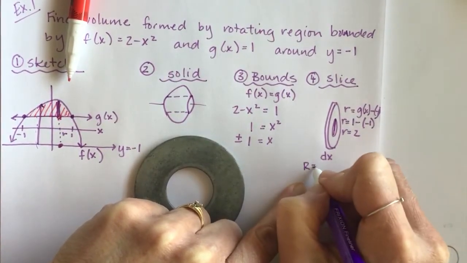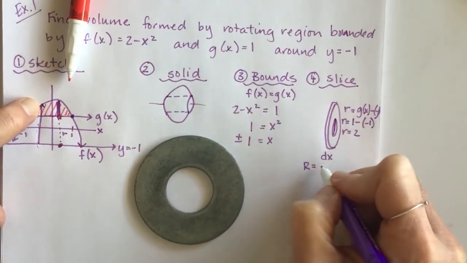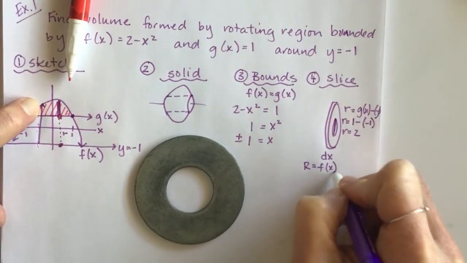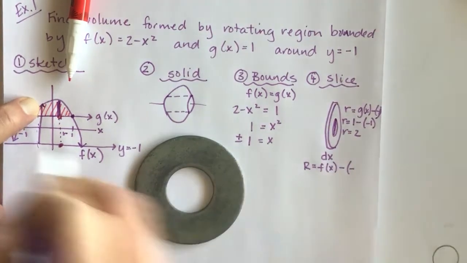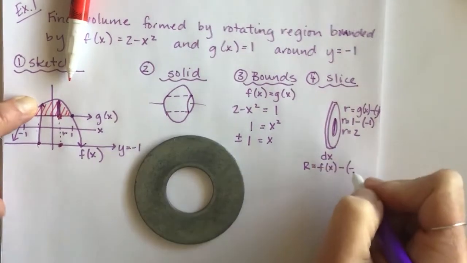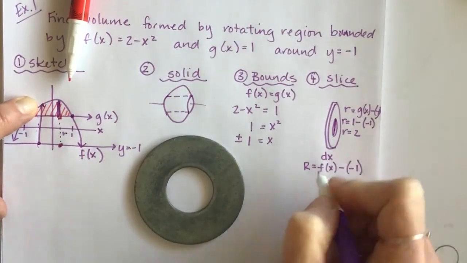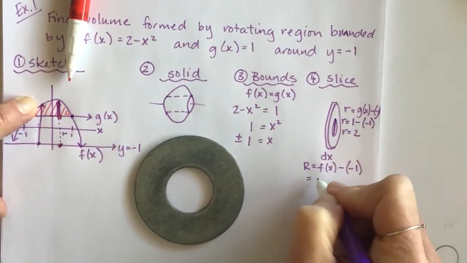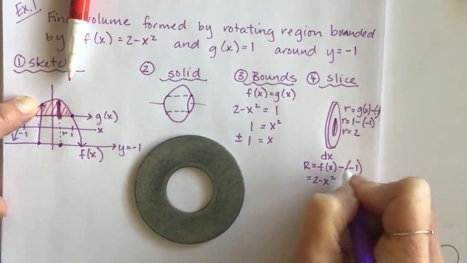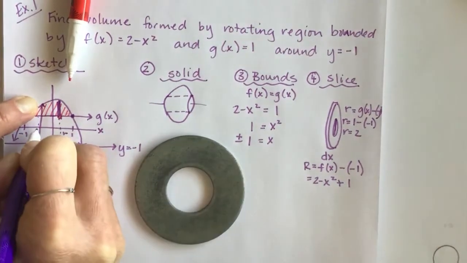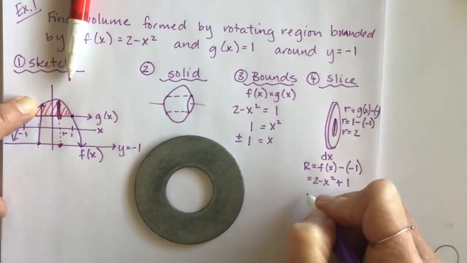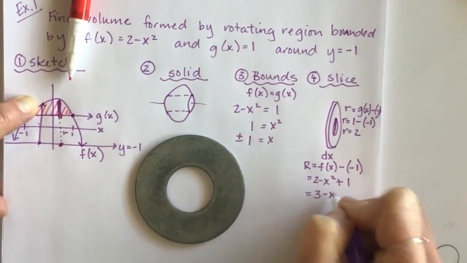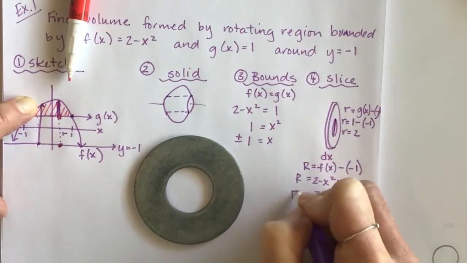Big R is equal to the top function, which is f of x, minus the bottom function here, which is -1. Okay, so f of x is 2 minus x squared, and we're actually adding 1 because we're below the x-axis there. So we get 3 minus x squared is big R.